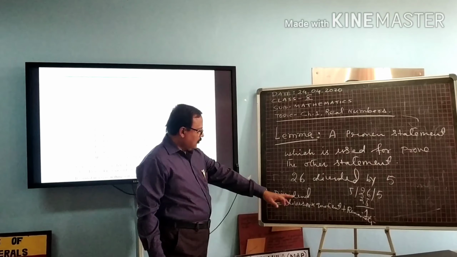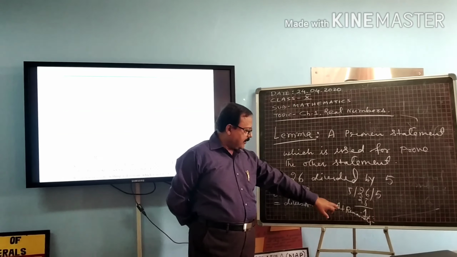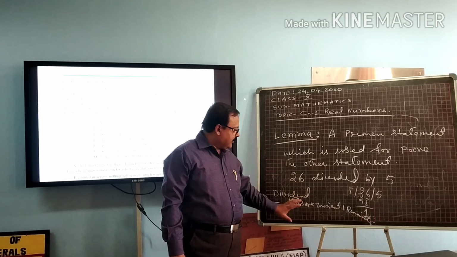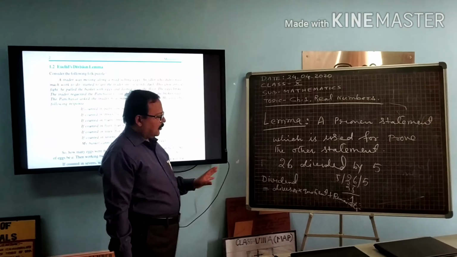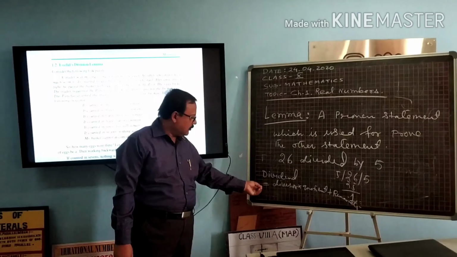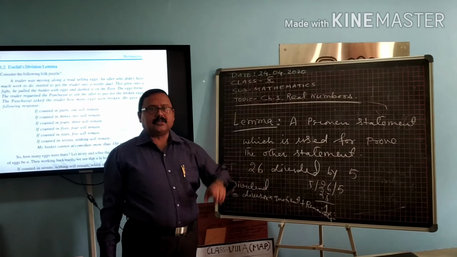This is one kind of division process. Numerically you can say this method: dividend equals divisor into quotient plus remainder.